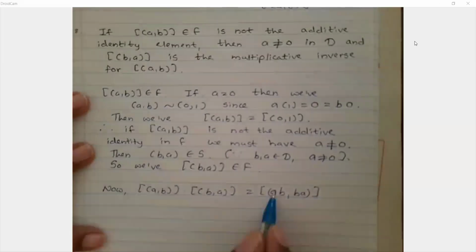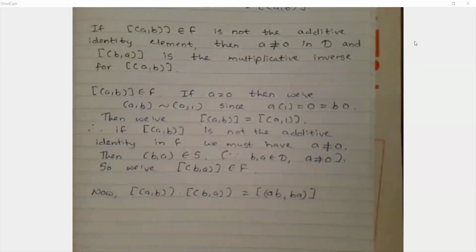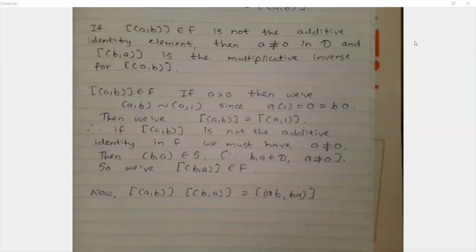Now we want to show that this is the same as the equivalence class of 1, 1. In D, AB is the same as BA. That is because D is an integral domain, it's commutative.